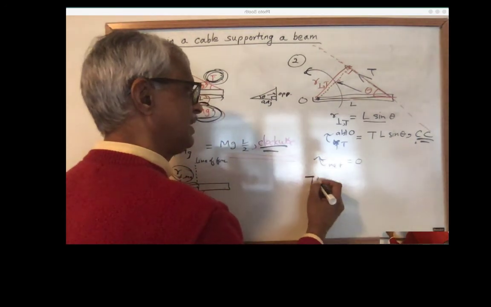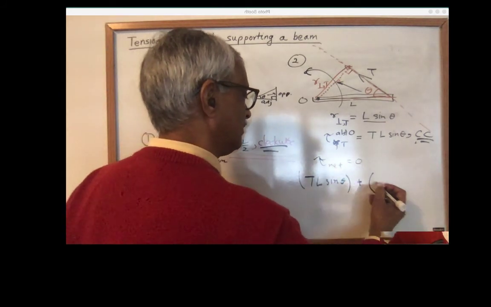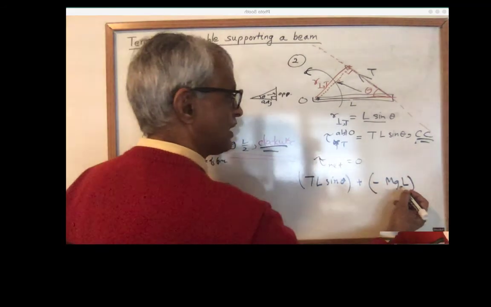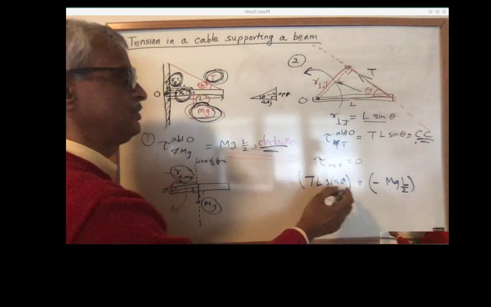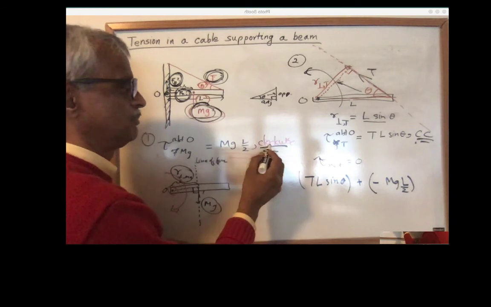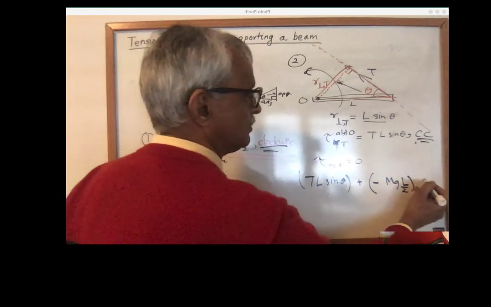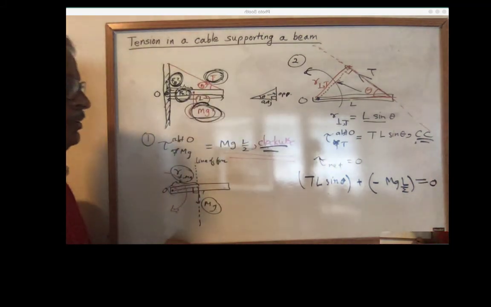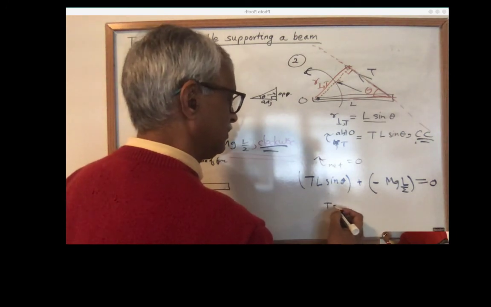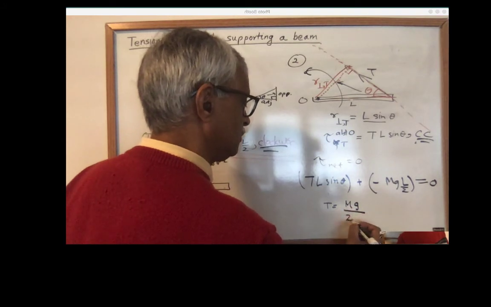So I have T L sine theta from here, plus minus mg L over 2. So we've got these two contributions; I've considered that plus, and this one, because of clockwise, is going to be a minus. I add all of this, and that's equal to 0. Okay, so when I solve this, I get T equals mg over 2 sine theta.